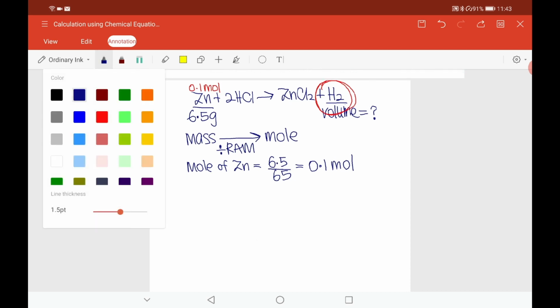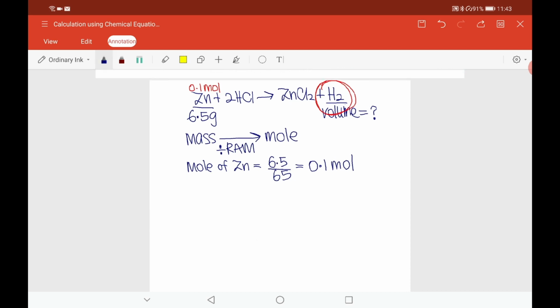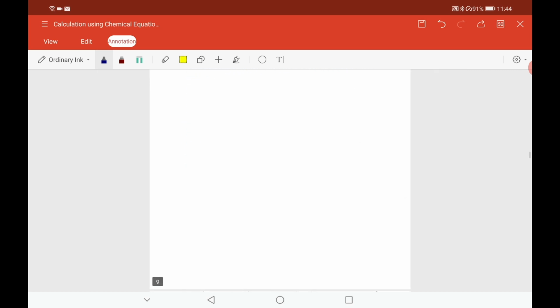In chemistry, when we know the mole of one substance, we can find the mole of another substance by using ratio. So you refer to the ratio between zinc and hydrogen. Look at the ratio: you look at the number at the front.